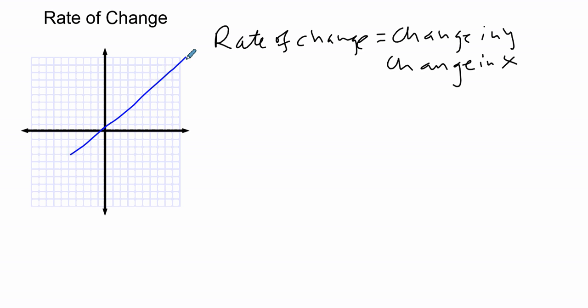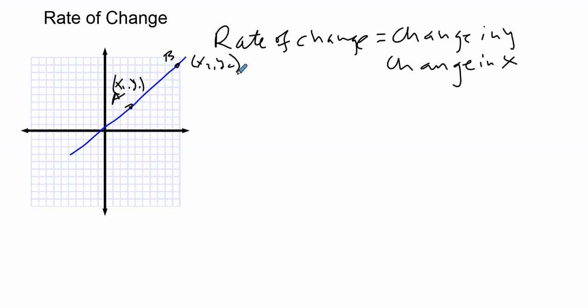That's a linear graph. Let's say you have a point here and a point here. Call this point A and this point B, and the value here is x1, y1, and this one here is x2, y2.